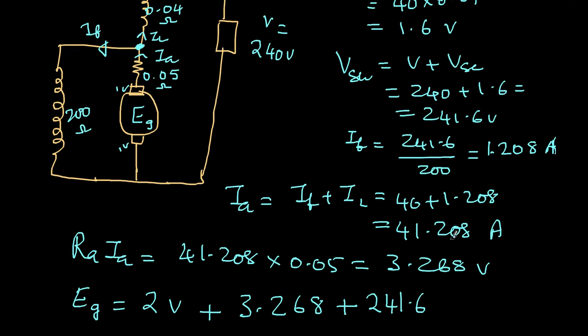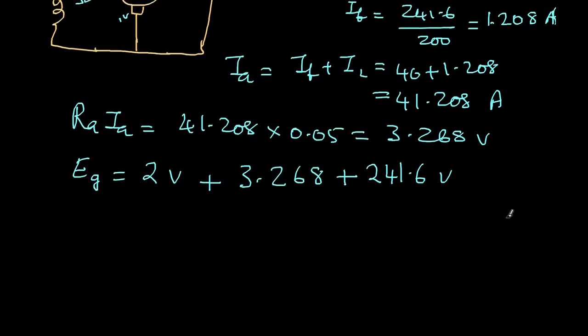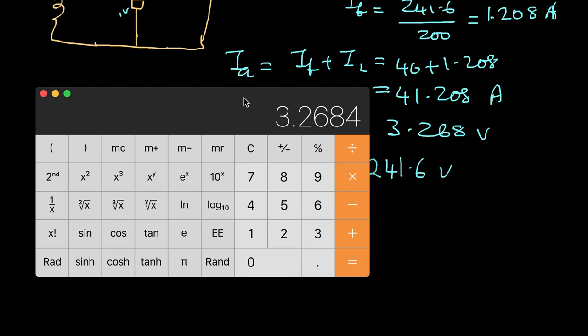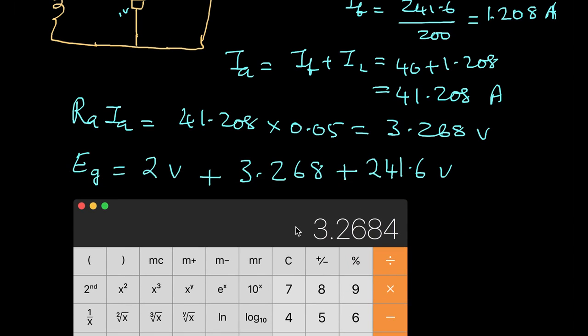This is again just a simple application of Kirchhoff's voltage law. So let me do this addition. Plus 2 plus 241.6 is 246.868. So I'll just round it off to 246.87.